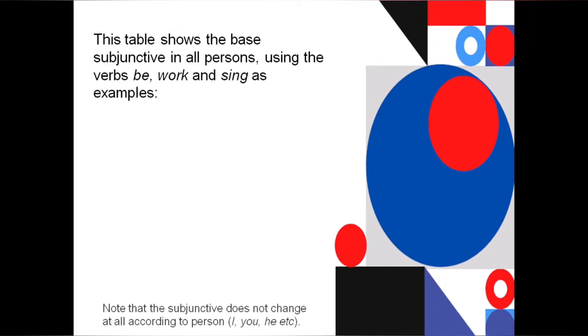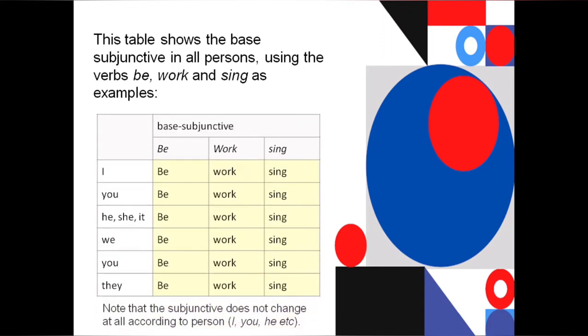So this table shows the base subjunctive in all persons using the verbs be, work, and sing as examples. Alright, so guys, as you can see, for the subjunctive, we don't have a variation of the verb. We just keep be for all of them. Okay, as you see, I be, I work, I sing.